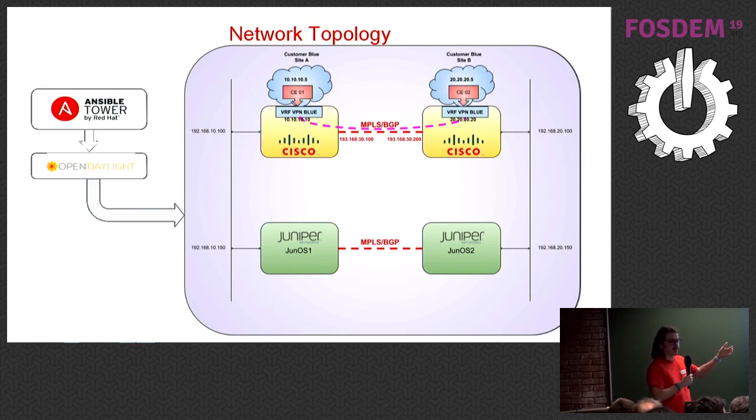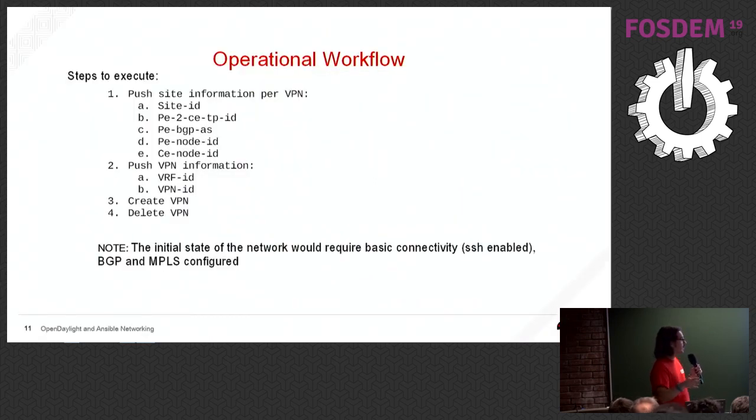It doesn't matter if the boxes are virtualized or physical, and we'll configure the VRF, the interface, the IP in the interface that is connected to the CE router, and so on. So this is the operational workflow, but I'm going to show you in the video because I don't have so much time.